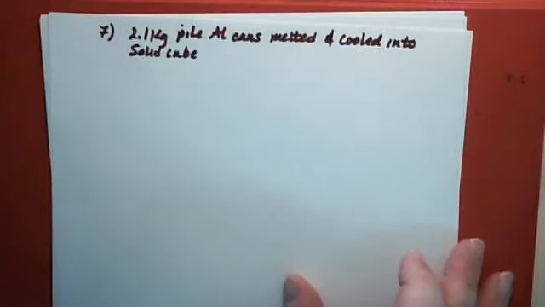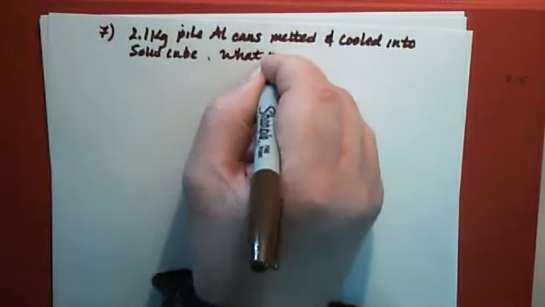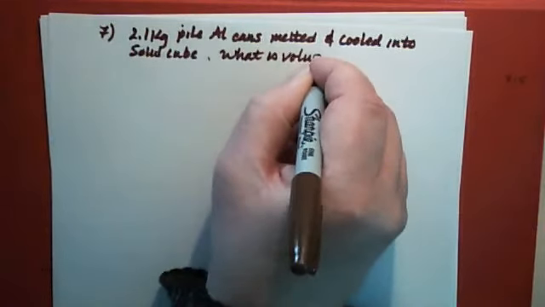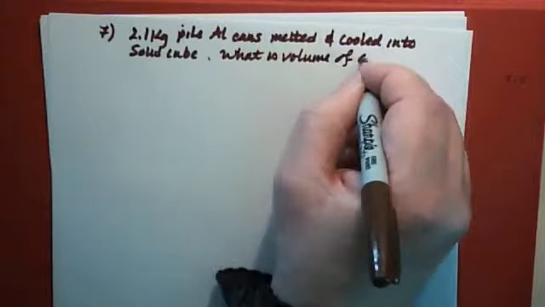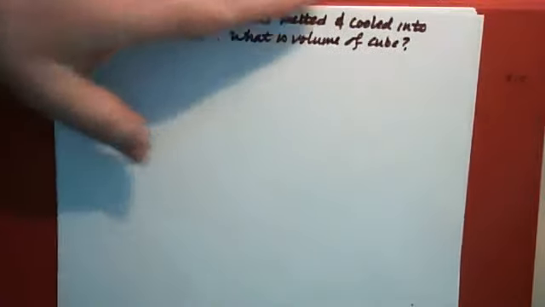Essentially what they're saying here is we've got 2.1 kilograms of aluminum, and they want to know what is the volume of the cube.